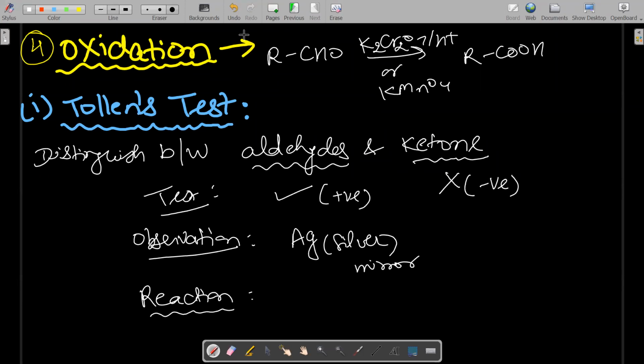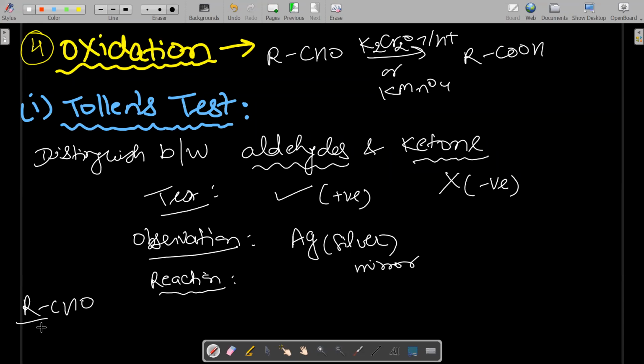So I will write the reaction on this page only. In the reaction, what you'll write: aldehyde, and I told you that whether it's aliphatic aldehyde or aromatic aldehyde, both can be given.